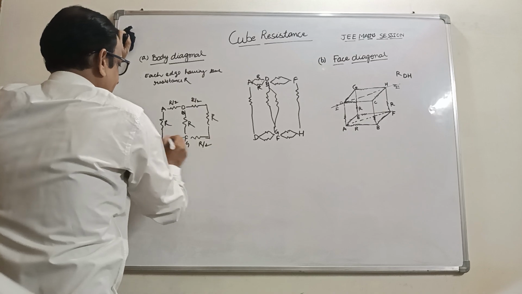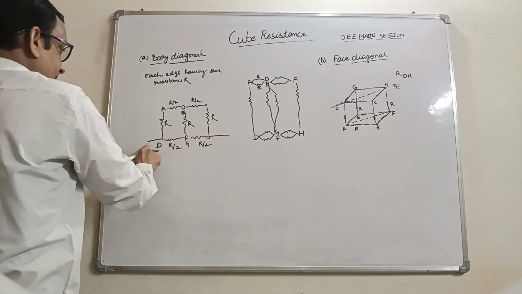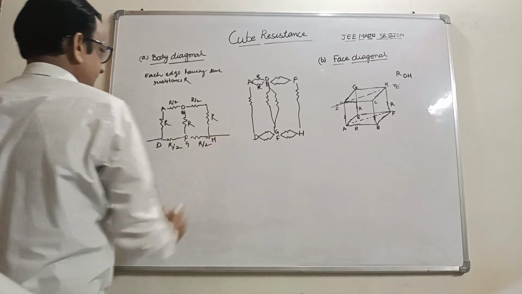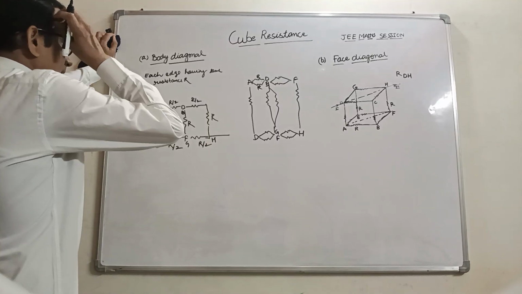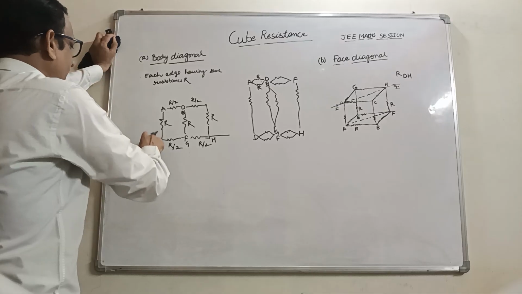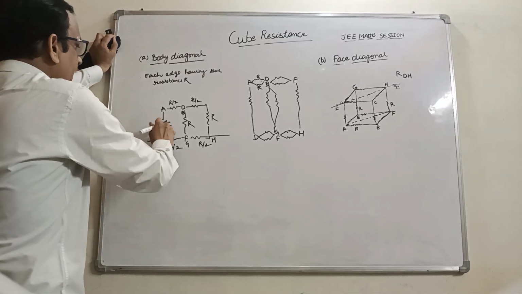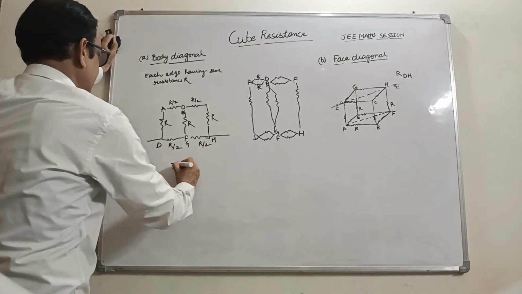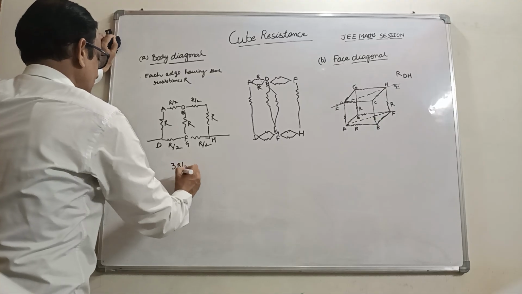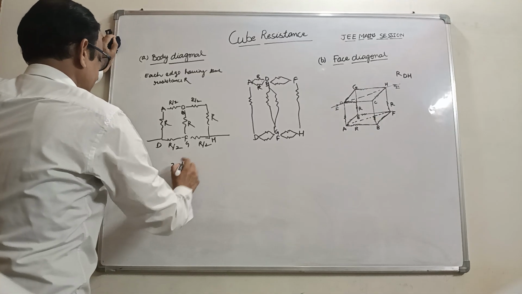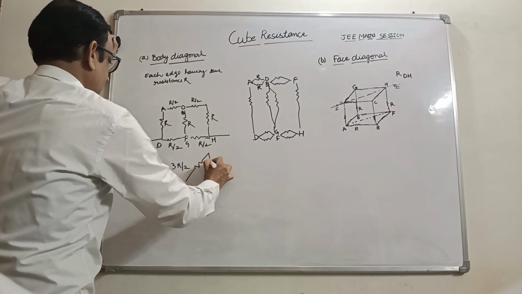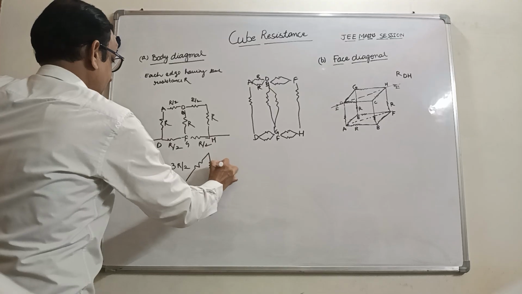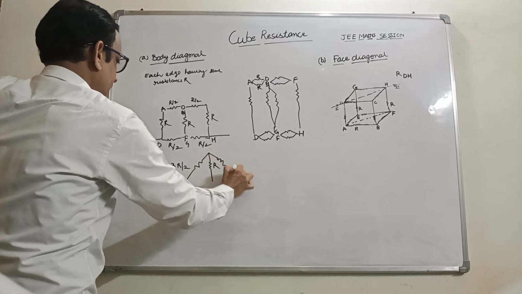So here we have to find the equivalent resistance between D and H. Here R by 2 and R are in series. So this becomes 3R by 2, and we can draw it like this. This is 3R by 2, this is R, and this is also 3R by 2.